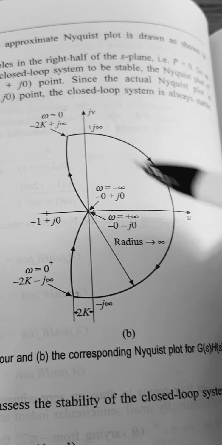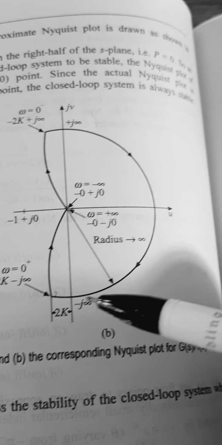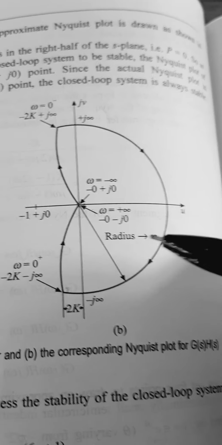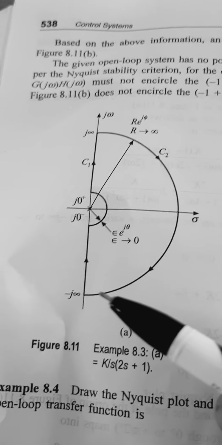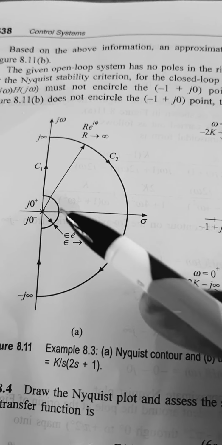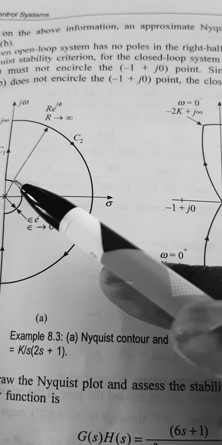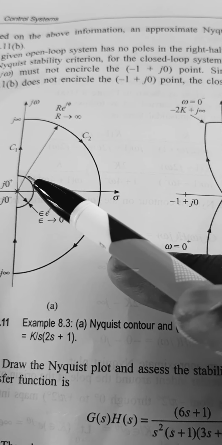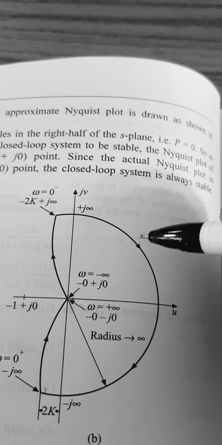So you are getting an arc of radius infinity. This arc is made due to the bypass of the pole, and its direction is from minus 90 to plus 90.